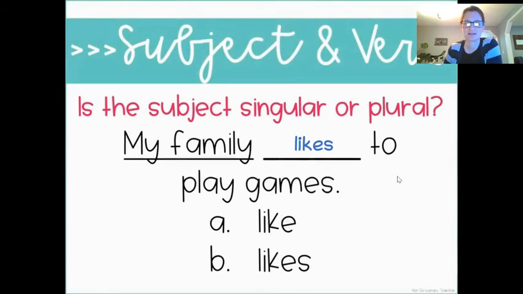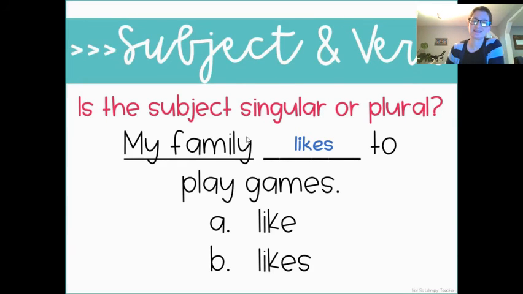Okay. Whoops, we've got ahead of ourselves here. Is the subject singular or plural? My family likes, I've already filled it in for you, to play games. My family likes to play games. Yes, that sounds right. Now, you might be thinking, hang on, we add the S when it's singular, when there's only one subject.